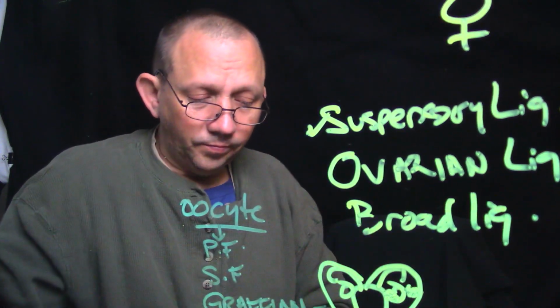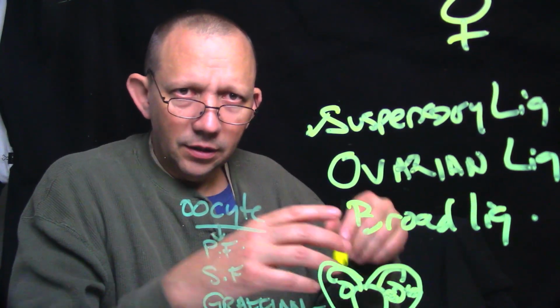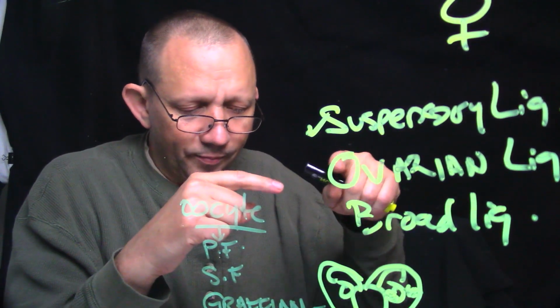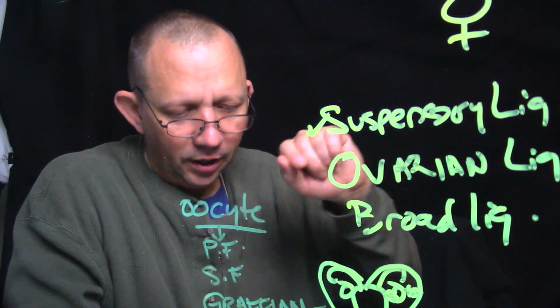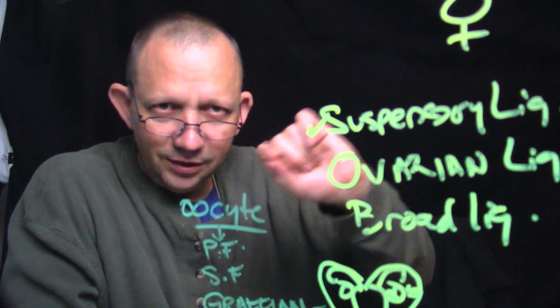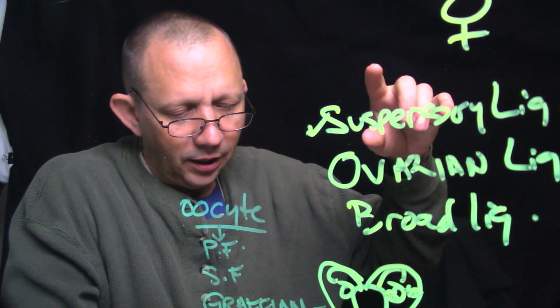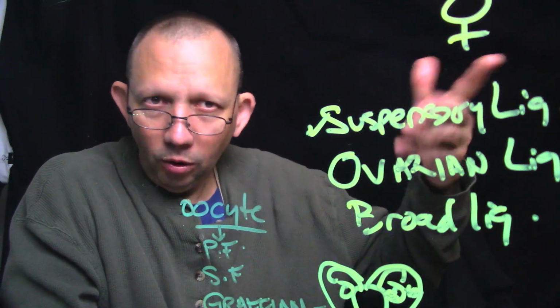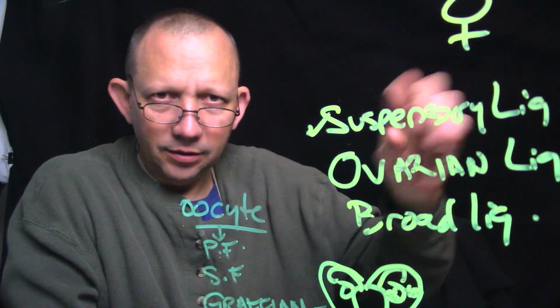Now, when the egg leaves the germinal layer, it's what's called a corpus luteum. It pops off, and when the egg has popped out, it's called a corpus luteum, which means a body with a hole, like a little bit of light you can see in it.